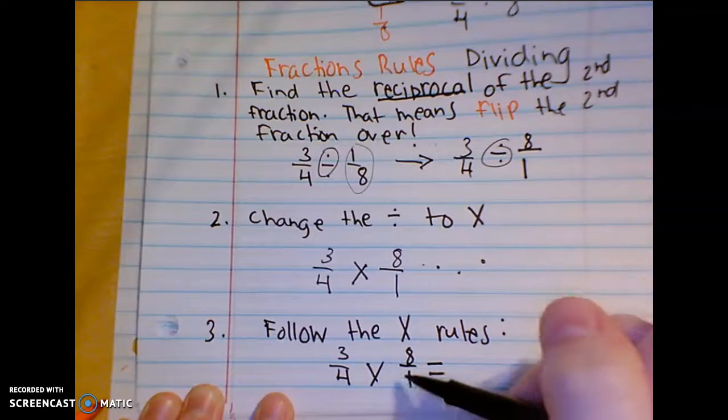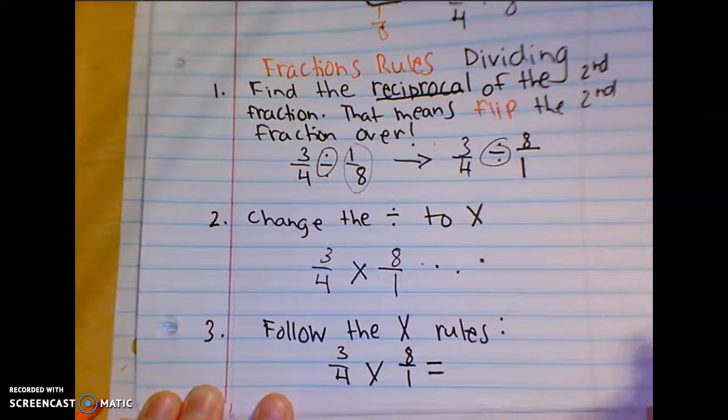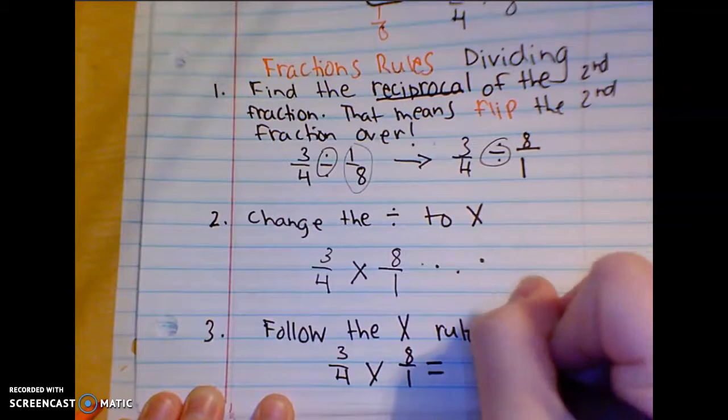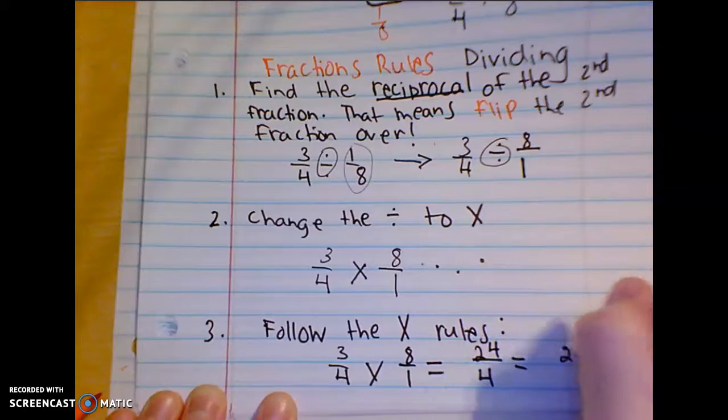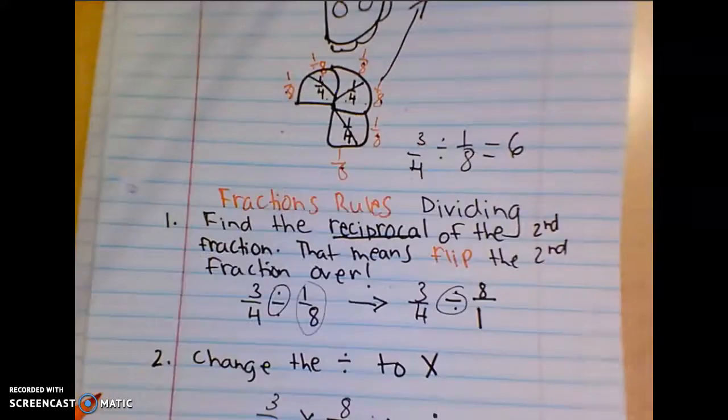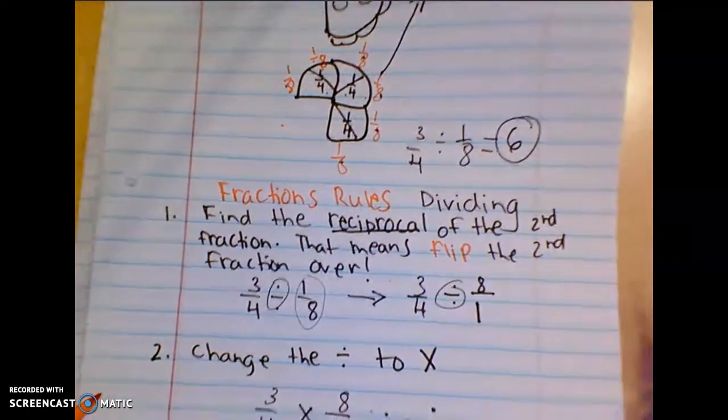Okay. 8 times 3 is 24. 4 times 1 is 4. And this is 24 divided by 4 is 6. And is that not the same thing we got up here?